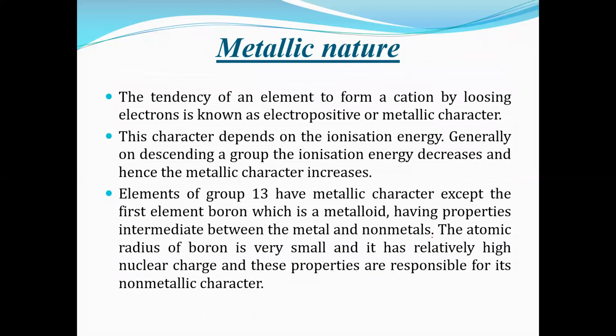Metalloid means having properties intermediate between metals and non-metals. The atomic radius of boron is very small and it has a relatively high nuclear charge, which is responsible for its non-metallic character.